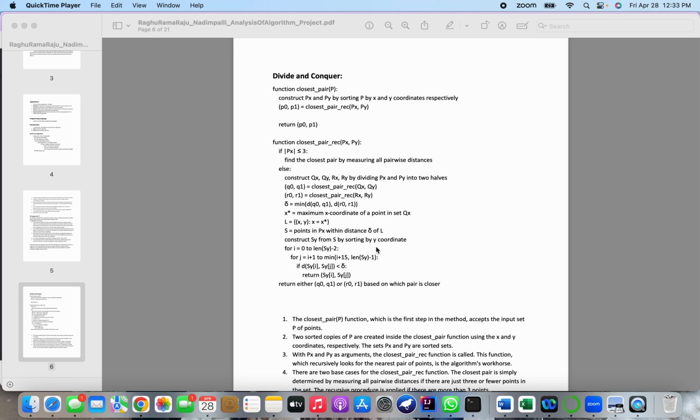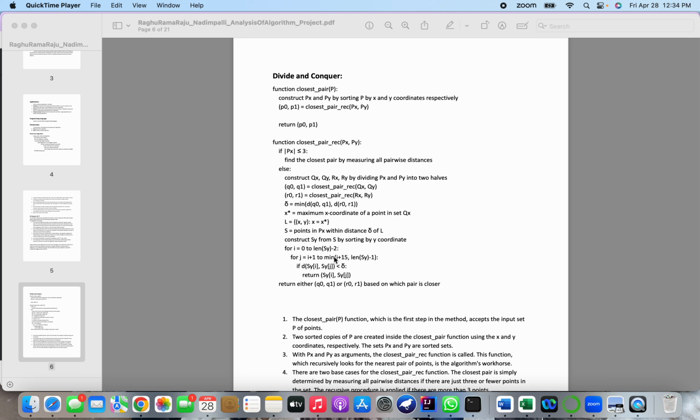After sorting all these by y coordinate, we compare each point to its 15 neighbor points in the sorted array and compute their distance. Why? Because we have to get a distance which is less than delta in order to compute the closest pair.